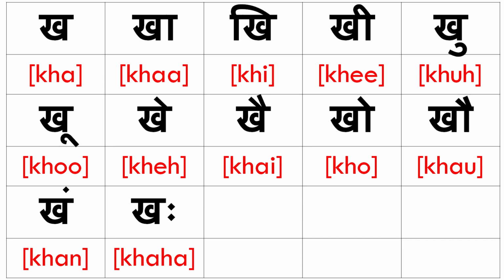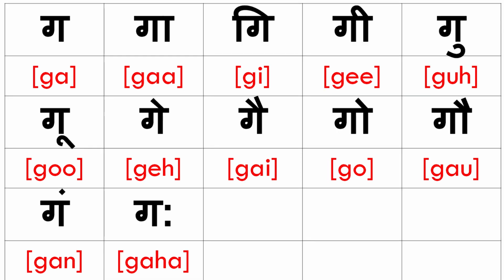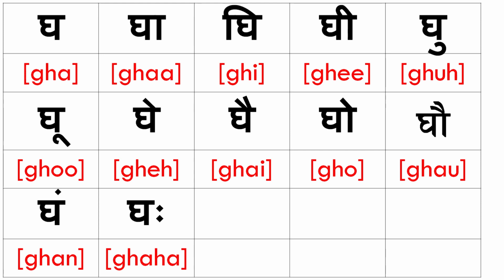In a similar way, for ga: ga, gaa, gi, gi, gu, gu, ge, gai, go, gau, gang, gaha. For gha: gha, ghaa, ghi, ghi, ghu, ghu, ghe, ghai, gho, ghau, ghang, ghaha.